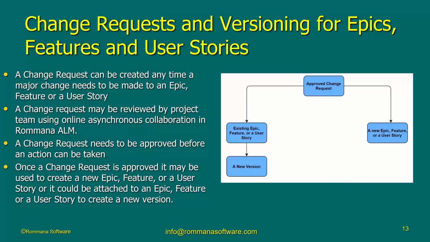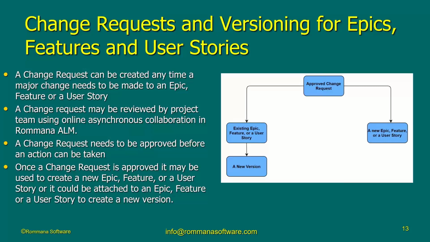But again, if we have customers and the customers have a say in what we're doing, then they have to look at the change request. They have to agree on the change request. Once a change request is approved, that's why we start from an approved change request. Once it is approved within Rommana ALM, now you can use it to do one of two things.